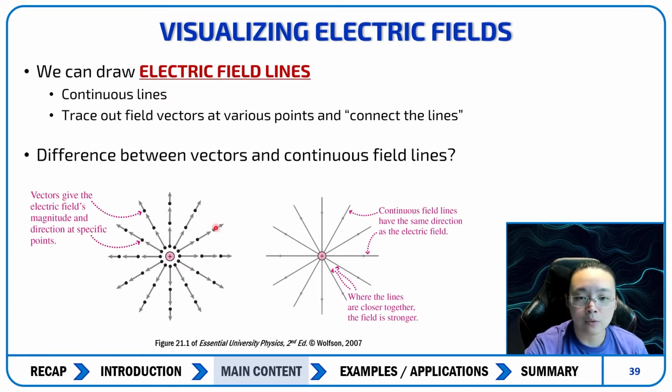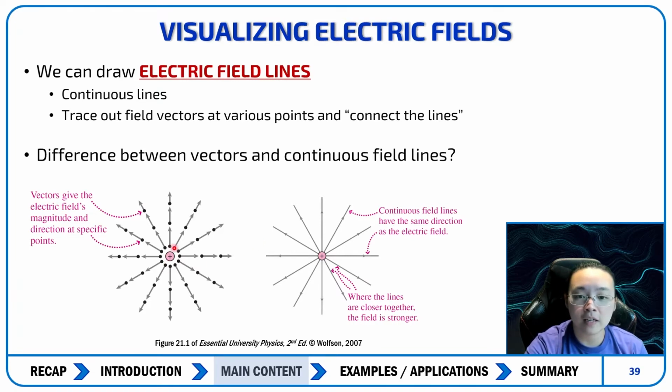We can use vector form, where you take a look at different points a certain distance away from the point charge. You have a positive point charge here, and you can see a bunch of dots around that charge. For each dot, you have a vector, and you can see that the magnitude of the vector decreases as you get farther away. So this is called the vector form of an electric field.